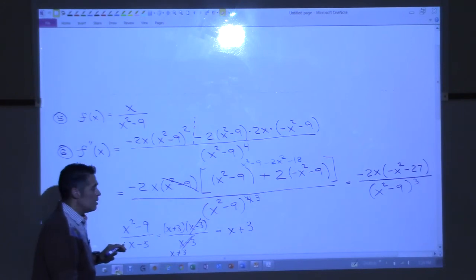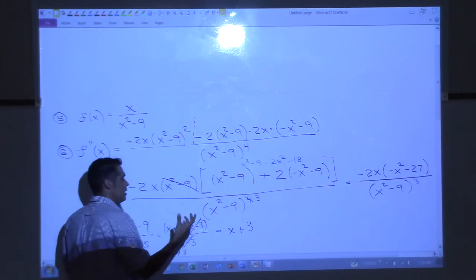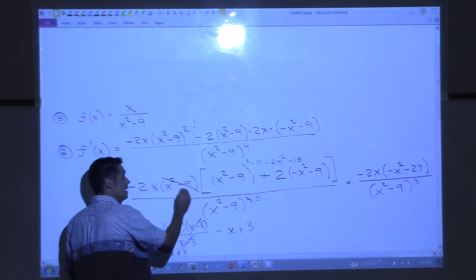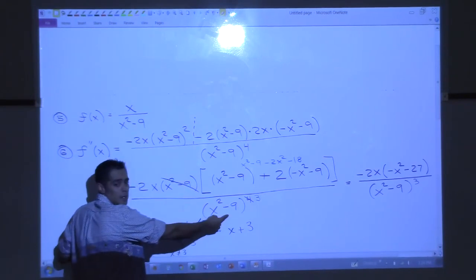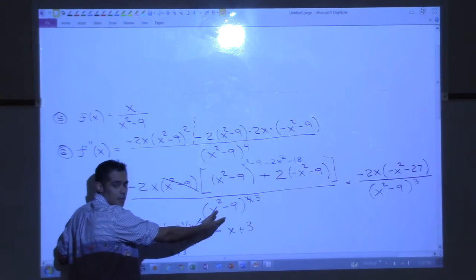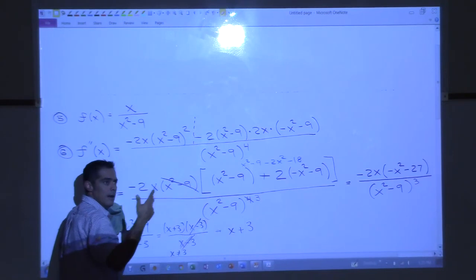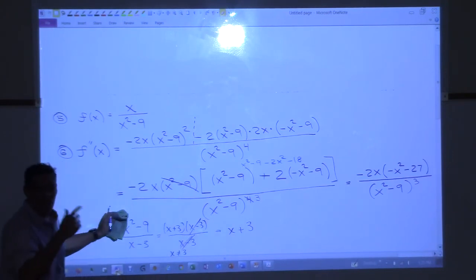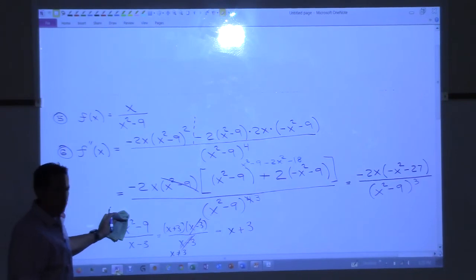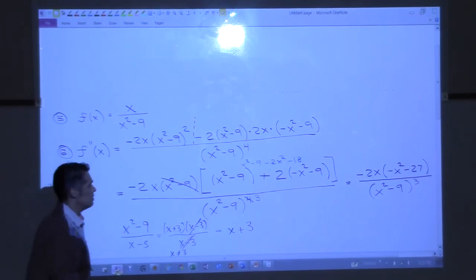So the problem that we eliminated by taking this out still appears here. That problem still exists, doesn't it? 3 and negative 3 still exist as an issue for us. And we're going to pick it up when we do the does not exist part of the second derivative. Good question. Really good question.